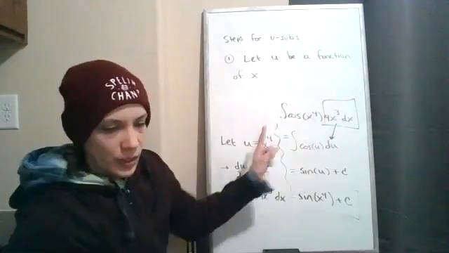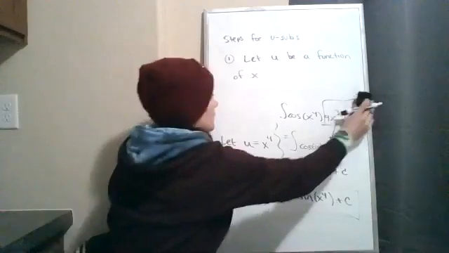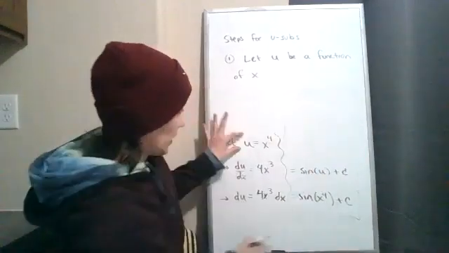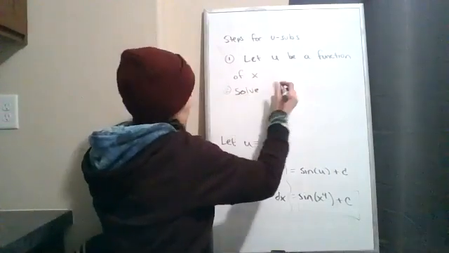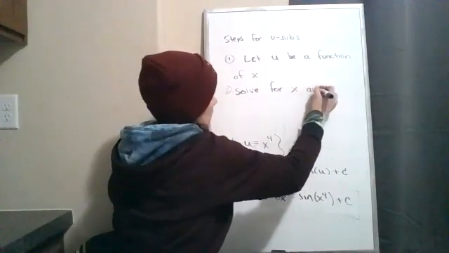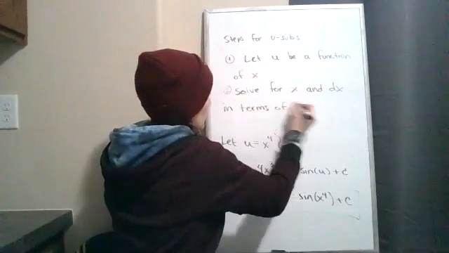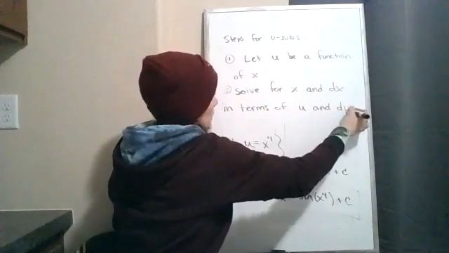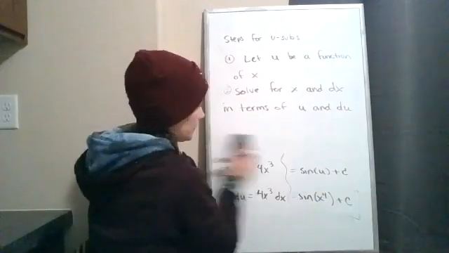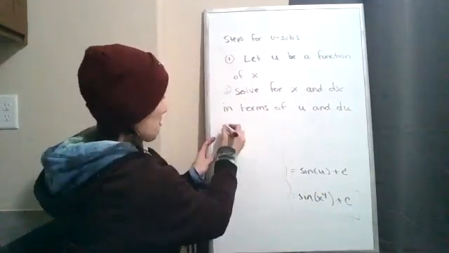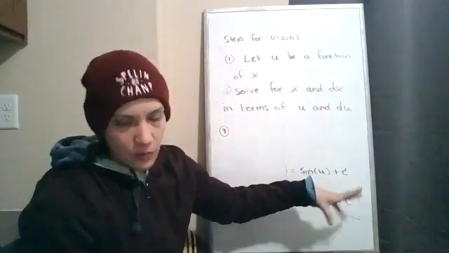We'll list all that down. So step 1, pick u. Step 2, you solve for x and dx in terms of u and du. Okay, then you take those and you substitute them into whatever problem you've got.